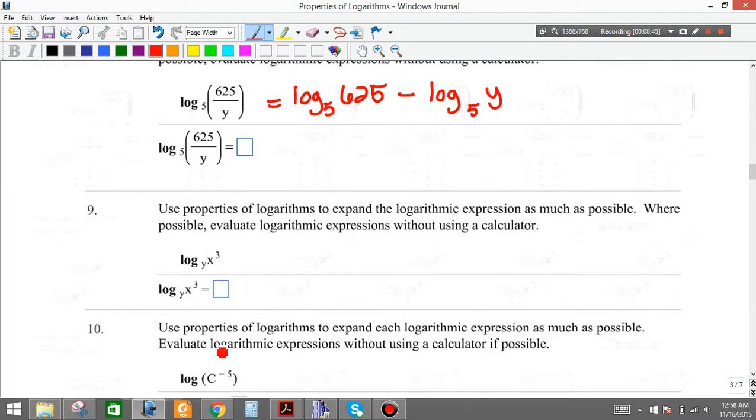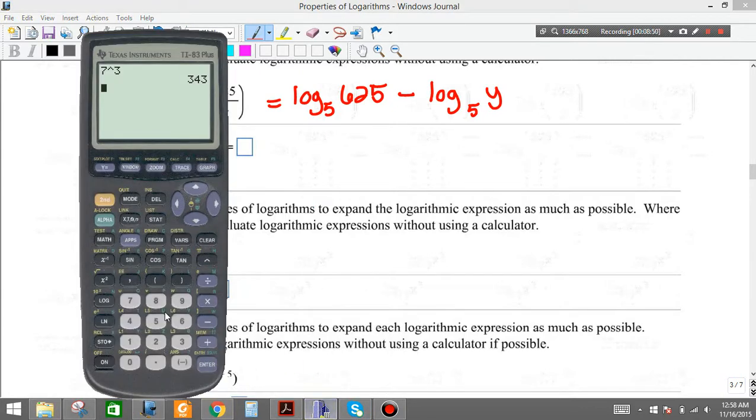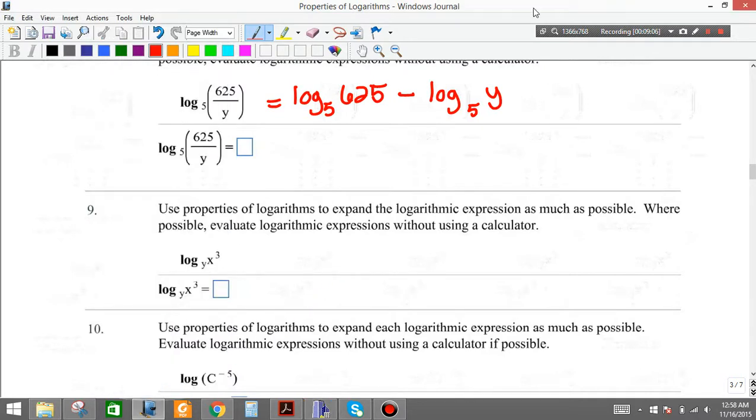Now the power, how many 5s are there in 625? 5 times 5 times 5 times 5 is 625. Log base 5 of 625 is 4. It takes 4 5s to be multiplied in order to get 625. So log base 5 of 625 is 4 minus log base 5 of y. That stands as the answer.